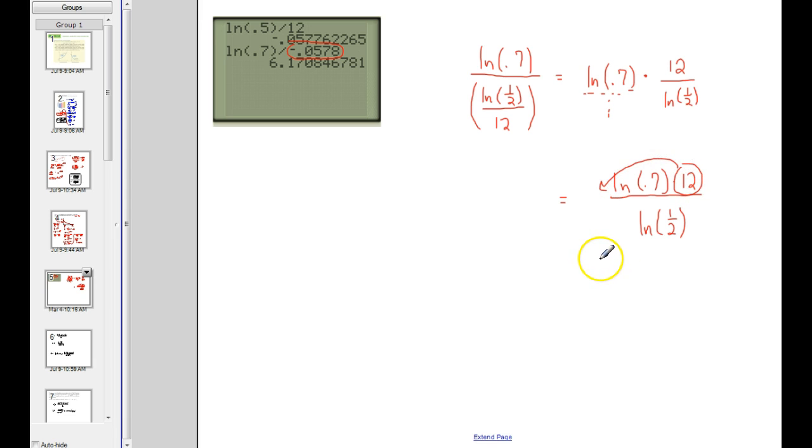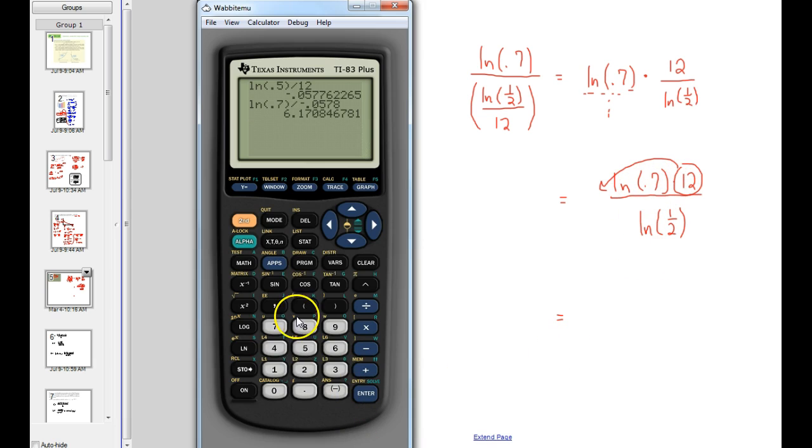The reason I'm doing that is because the 12 is just a whole number, then the natural logs are here together. What I want you to see is, if I have, for instance, 5 times 3 divided by 4, I get 3.75.